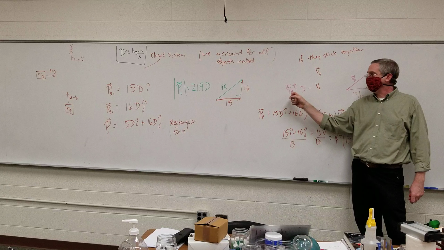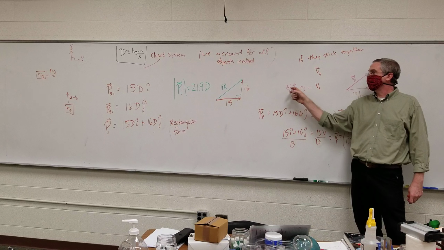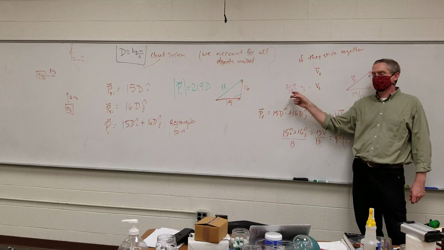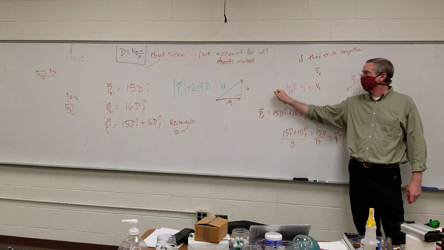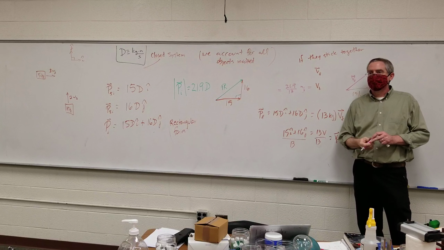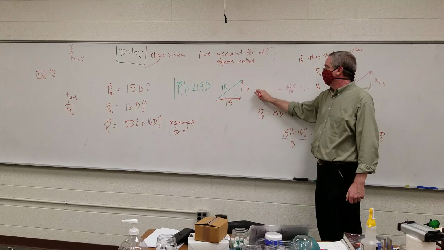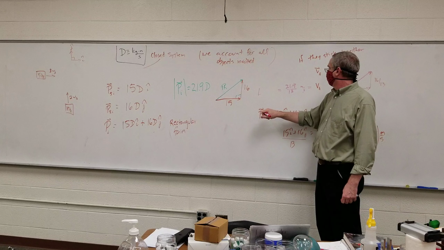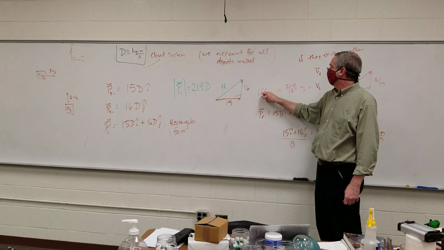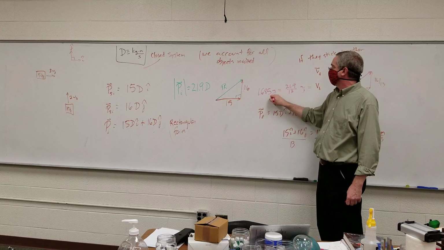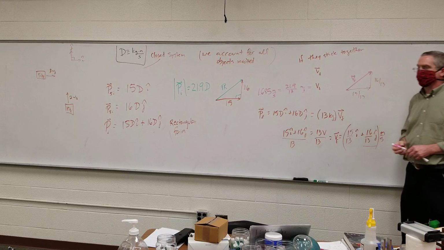Go ahead and either turn it into 219 over 130, or use a calculator and actually come up with a decimal. So it's gonna be 1 point something, 685. And then meters per second is the final speed.